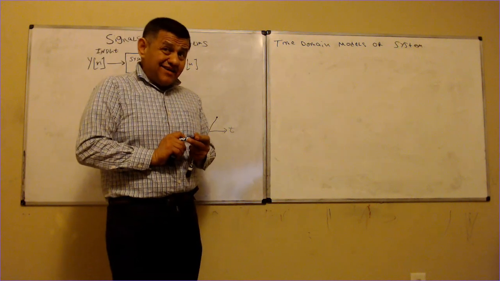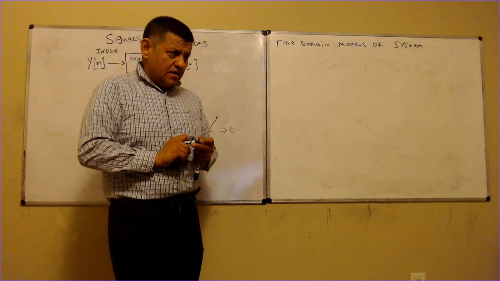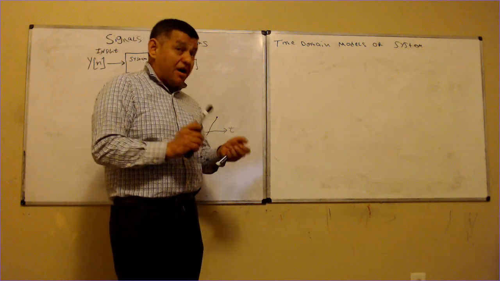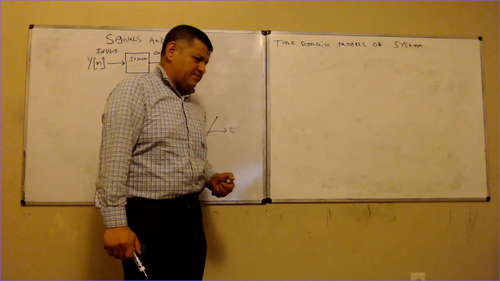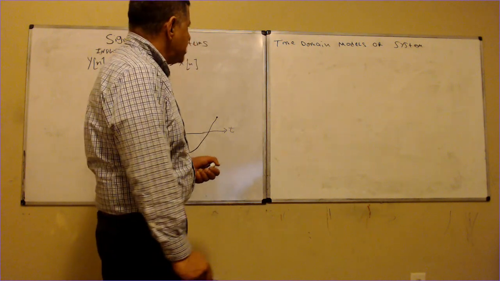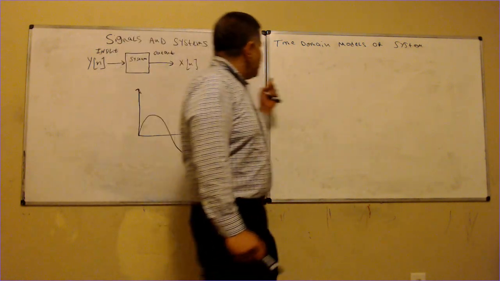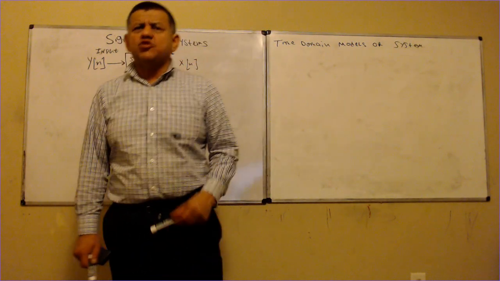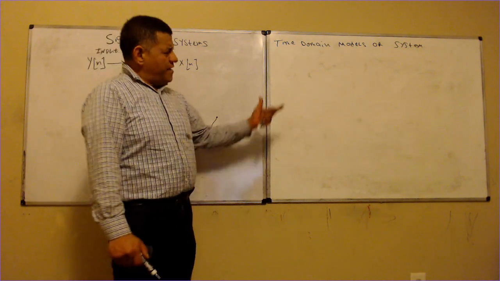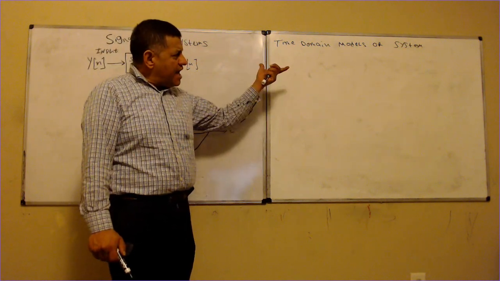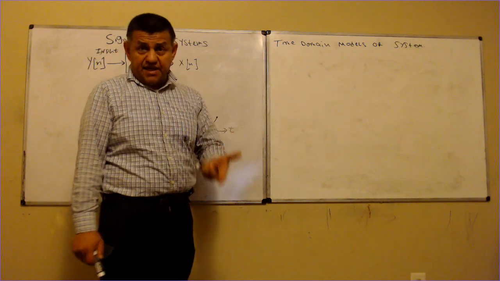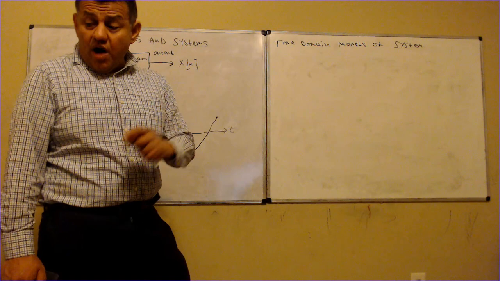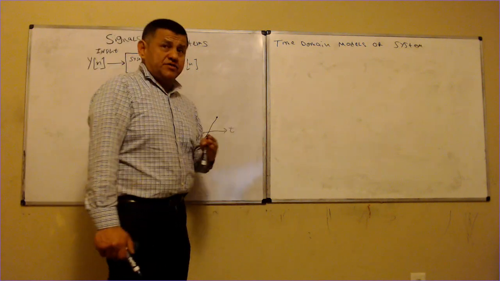Because it's based on time, right? Eventually, probably we'll do some videos, and I say probably because I just want to be honest with you, I am not a YouTuber full time, we'll look at something in the frequency domain. Right now, in this beginning, we only have what is called time domain. That's why it's called time domain models, right?